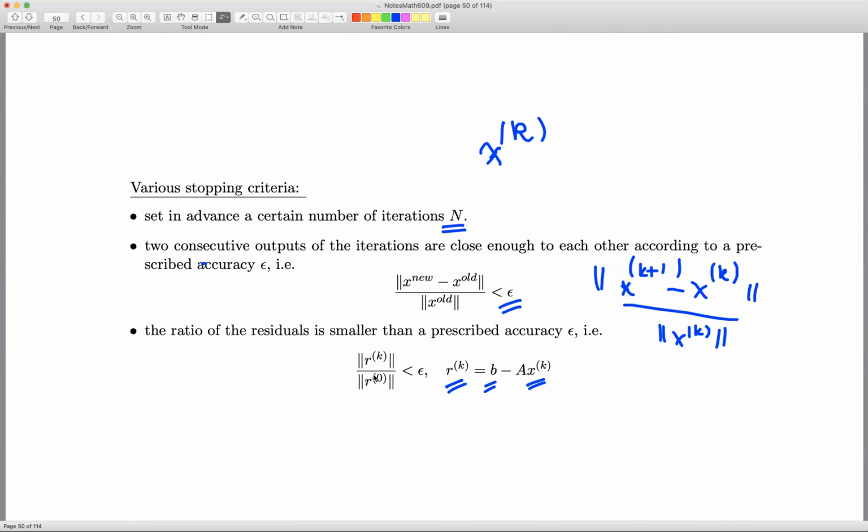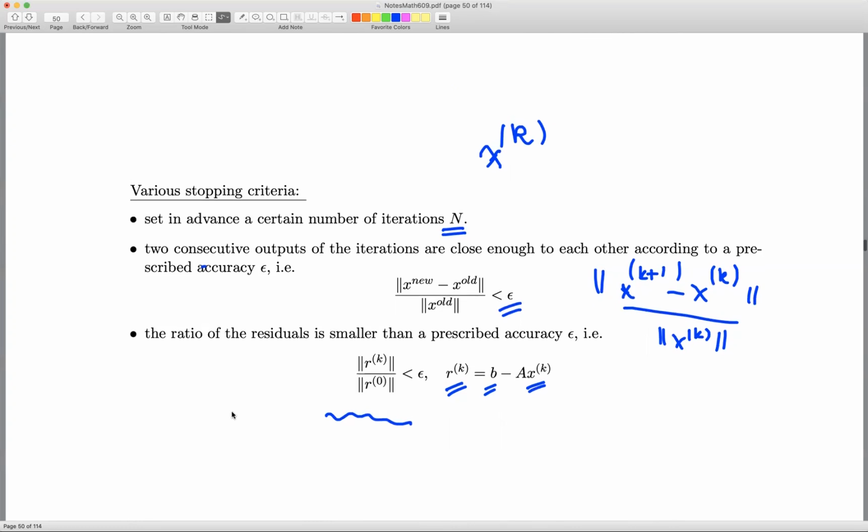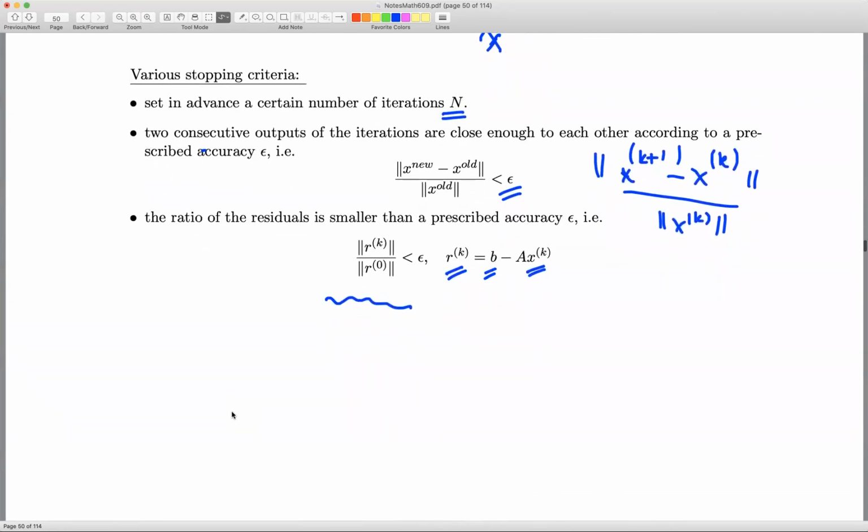For example, if rk divided by r0 is less than epsilon, then this is another way to stop the iteration.